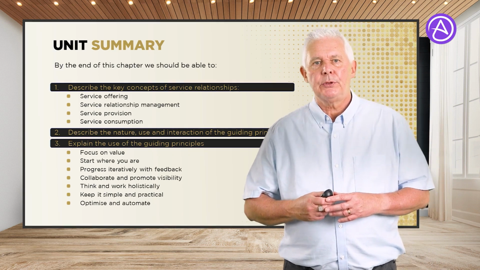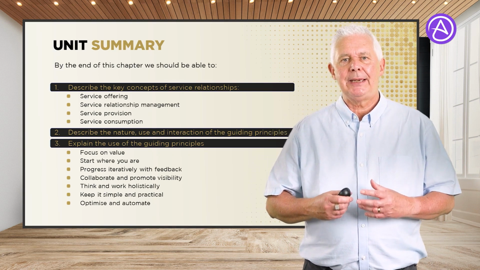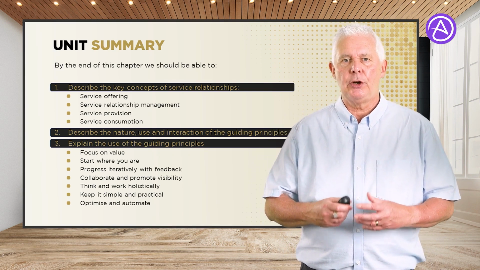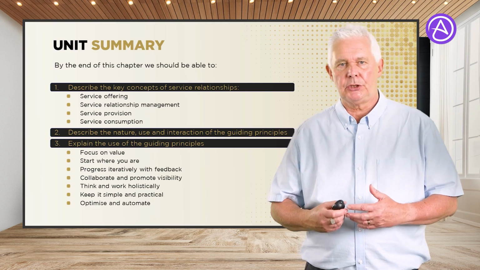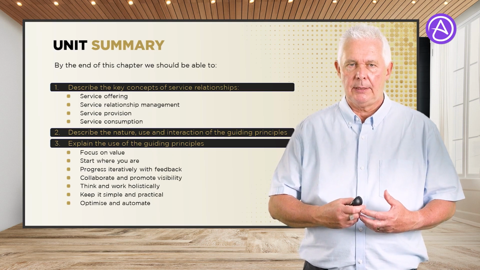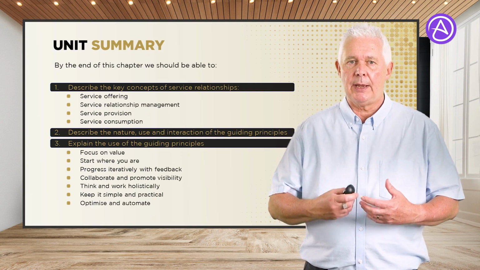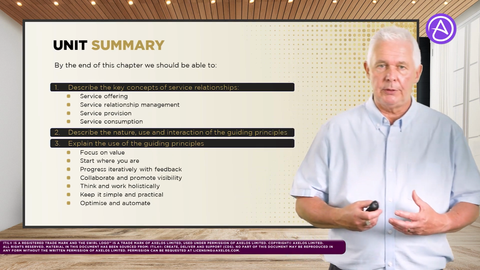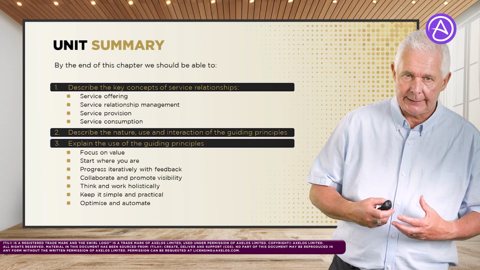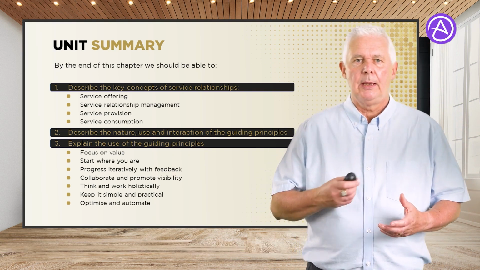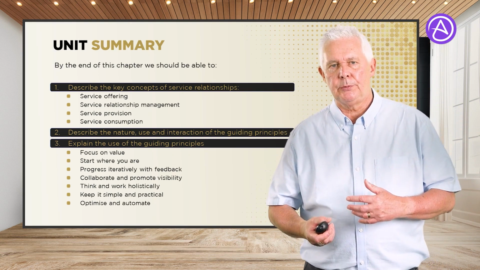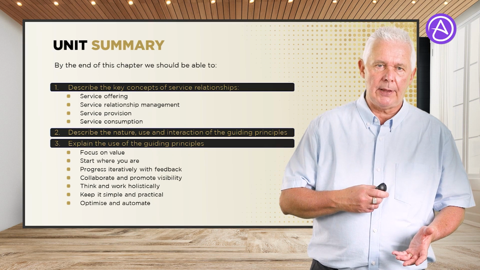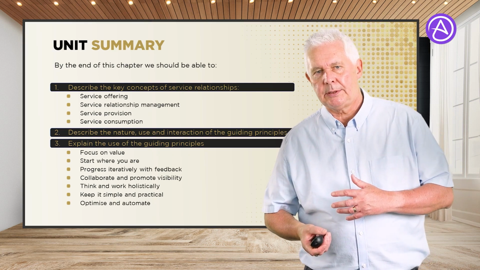We looked at the importance of this service relationship and the management of that relationship, this joint activity, the provider and the consumer working closely together, to look at joint activities where there's mutual benefit in improving and enhancing the value offered through the services provided. And we talked briefly about service provision and service consumption and the responsibilities of the provider and of the consumer.